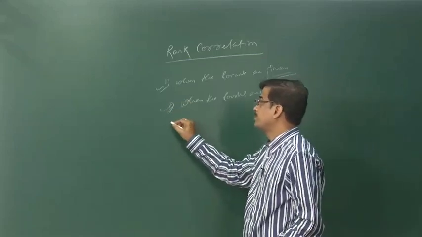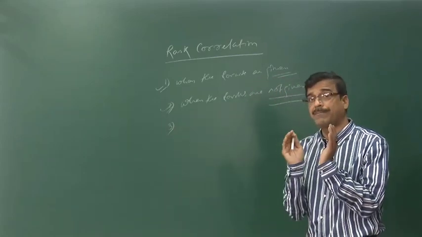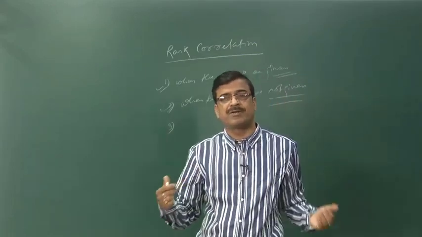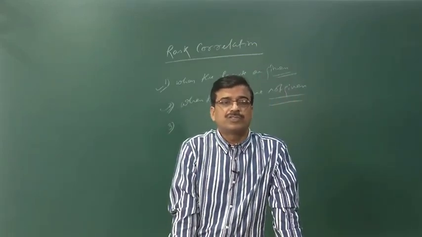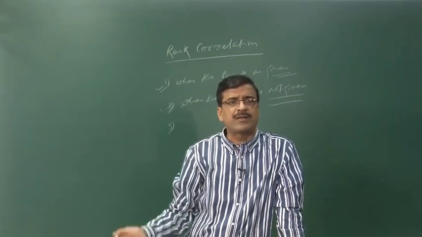The third case is when there may be an equal rank. For example, while appearing for an exam, you may find that two or three students are in the third rank.